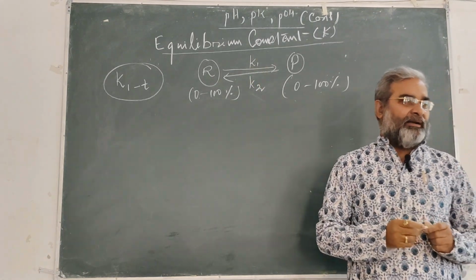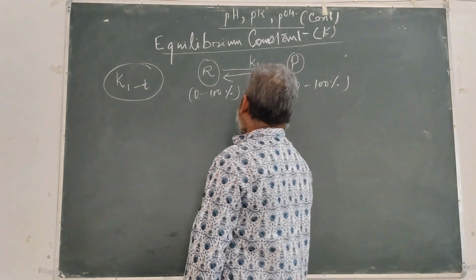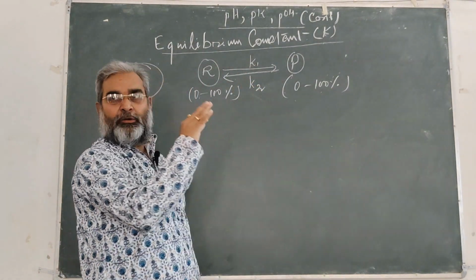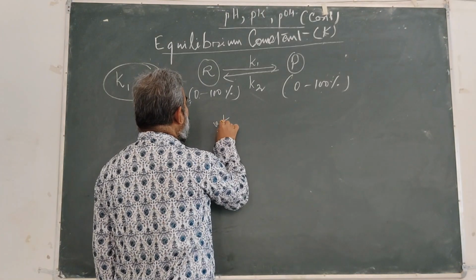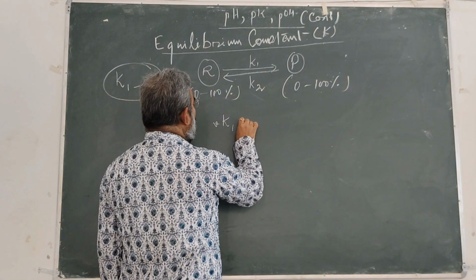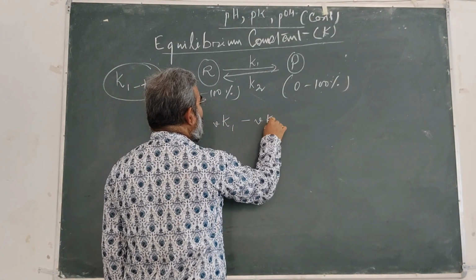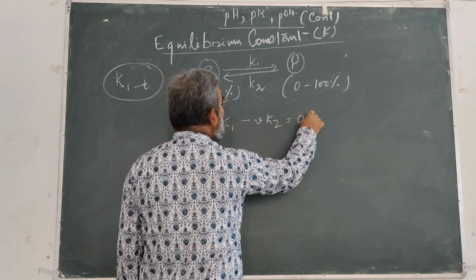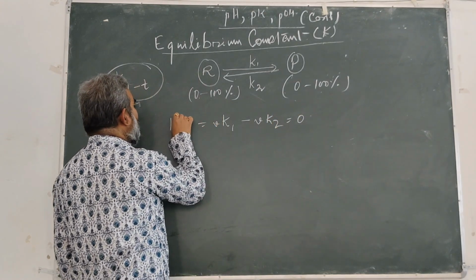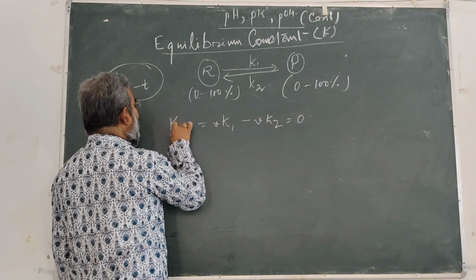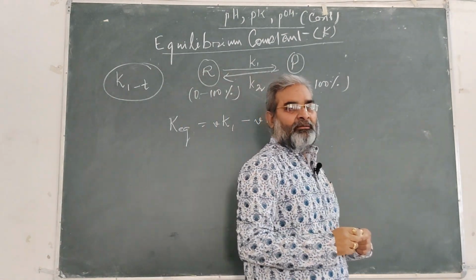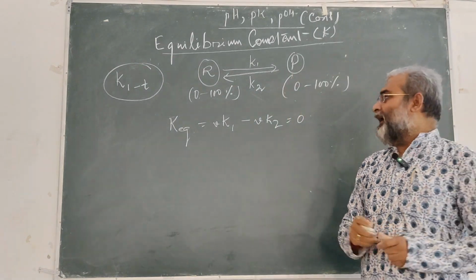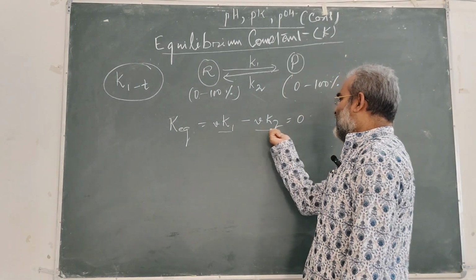That is the kinetics. At the equilibrium, it becomes nu K1 minus nu K2 is equal to 0. That is K equilibrium. That means this one and this one are equal.